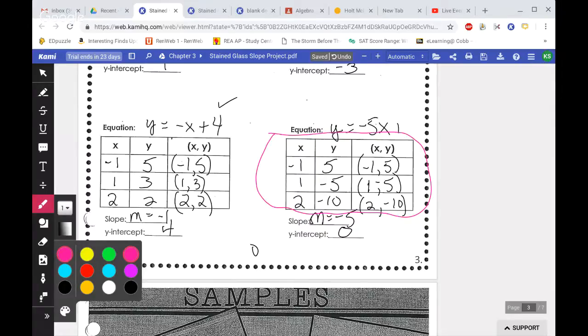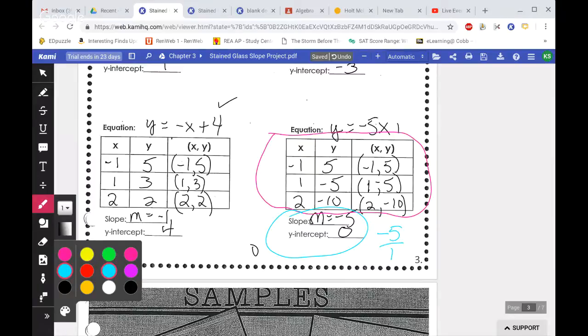Or you can plot the y-intercept and use the slope, which in this case is -5/1, to find two or three or four additional points to create that straight line. You don't necessarily have to do both. You can do one or the other, whichever one is easiest for you to remember.